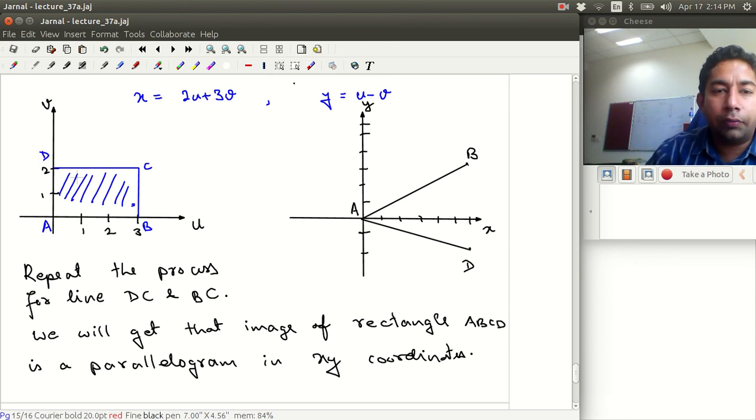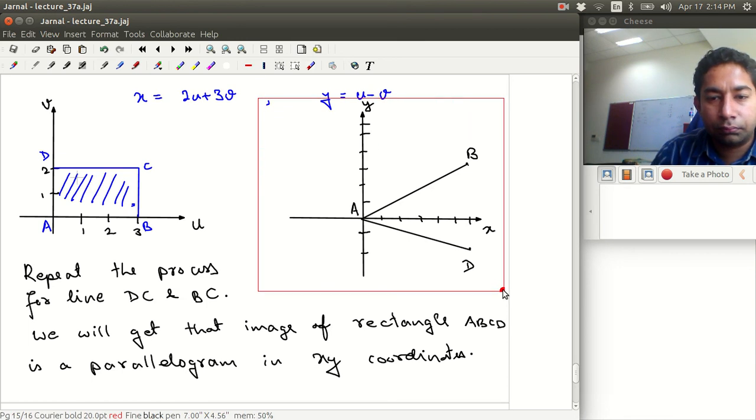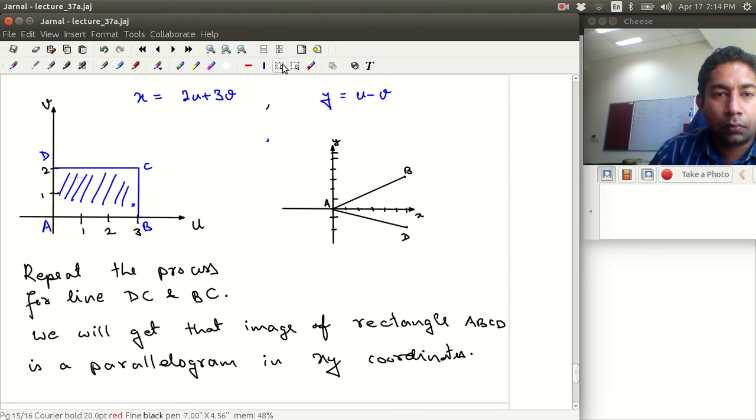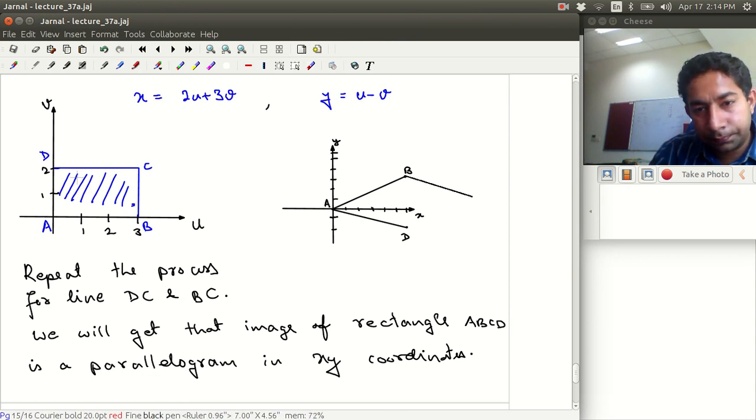Okay, and what will the parallelogram be? You can simply complete this parallelogram. Okay, all you have to do is just complete this parallelogram, something like that. And that point will be the image of C.